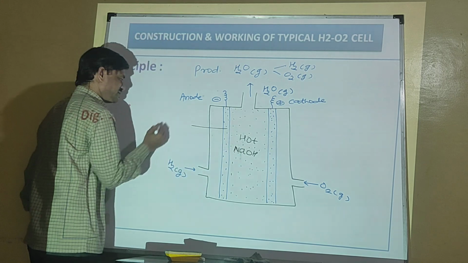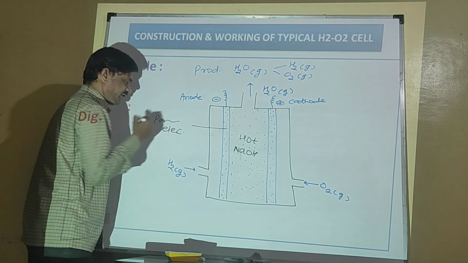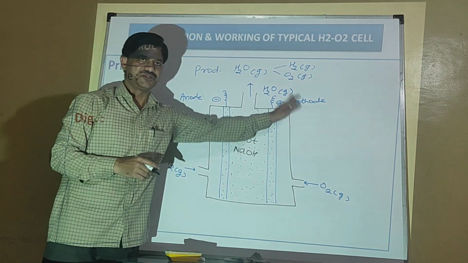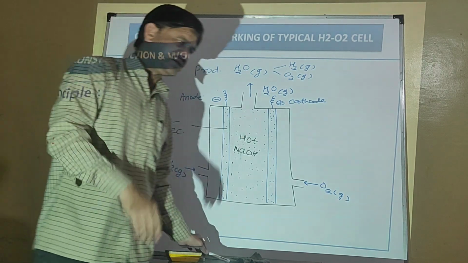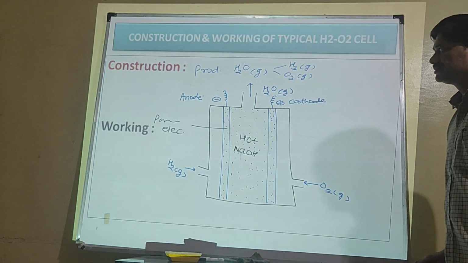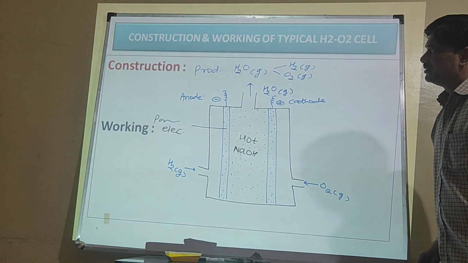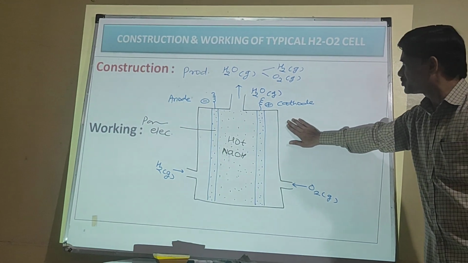What can we label these as? These are porous electrodes or graphite electrodes. Negative anode, positive cathode. Now tell me the construction part. Next point. So what happens in case of construction?